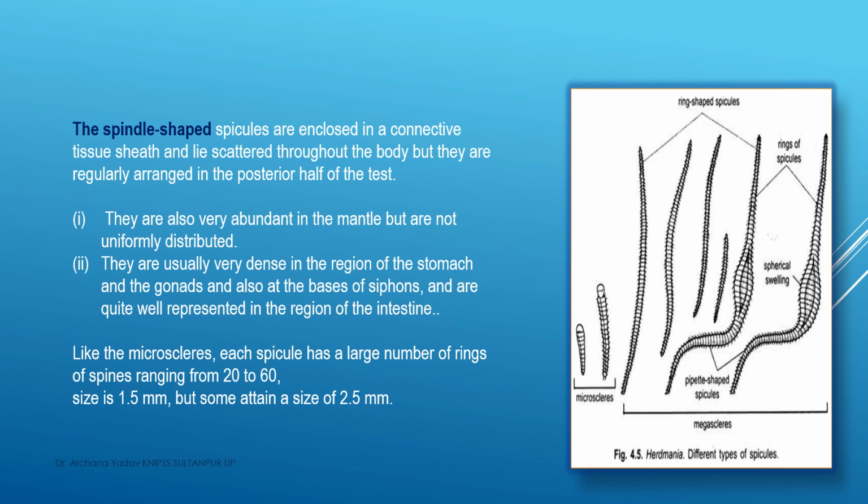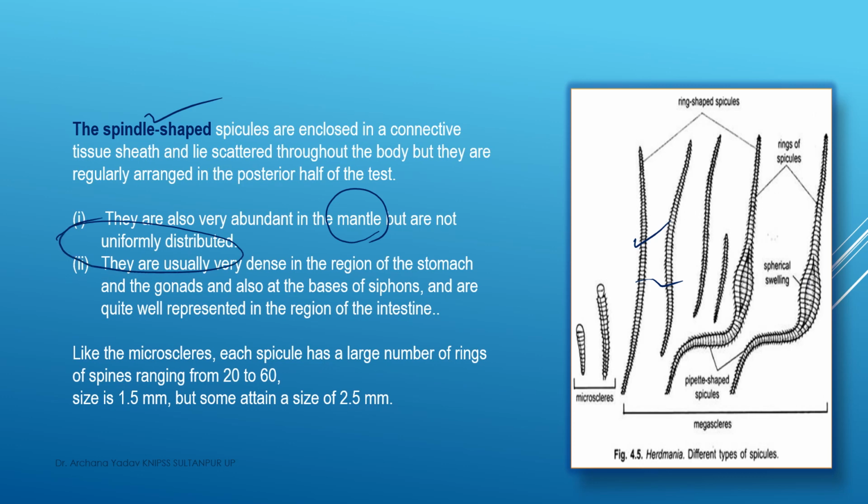Now about spindle shaped spicules. They are enclosed in a connective tissue sheet and scattered throughout the body, and they are regularly arranged basically in the posterior part of the test. In this picture, they are very abundant in the mantle, but they are not uniformly distributed.